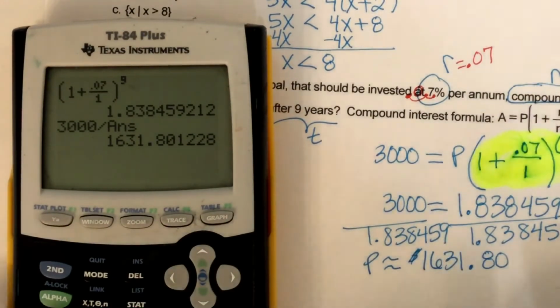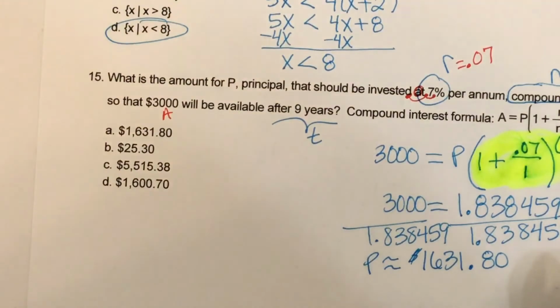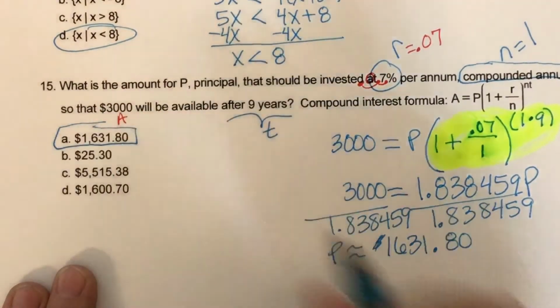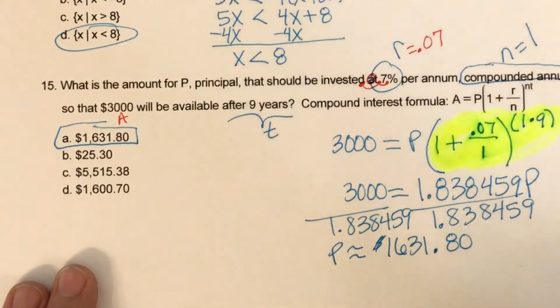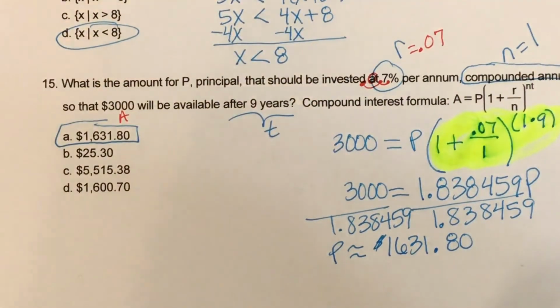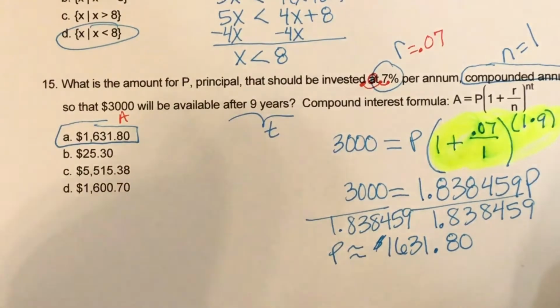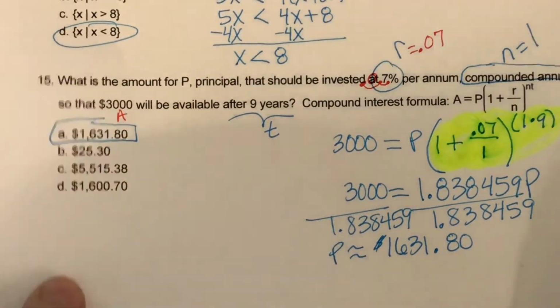$1,631.80. That's how much money we would have to invest, which is answer choice A. So 9 years later, we have $3,000. Not too shabby. That's pretty good growth after 9 years, but we have a really good interest rate. Okay, last question.